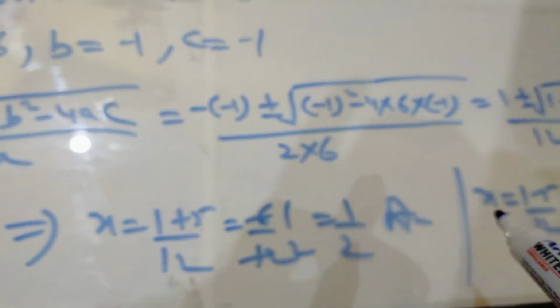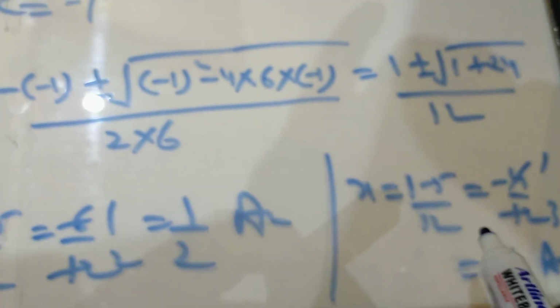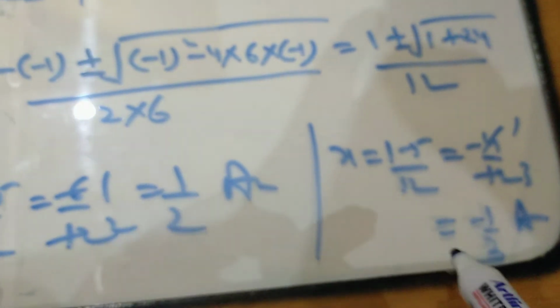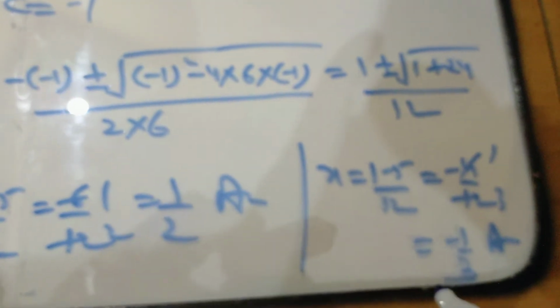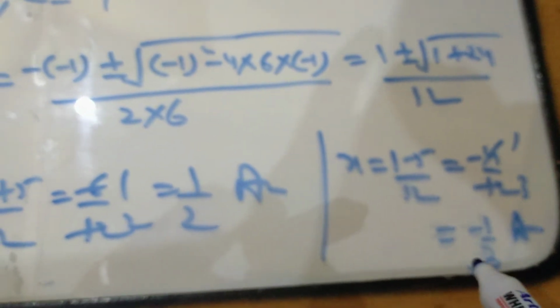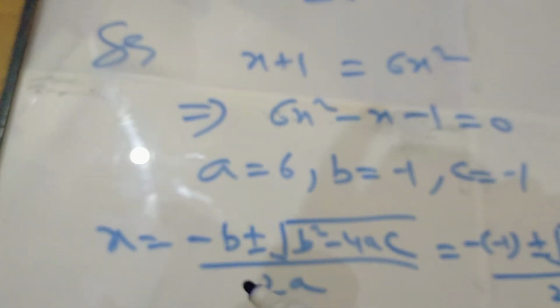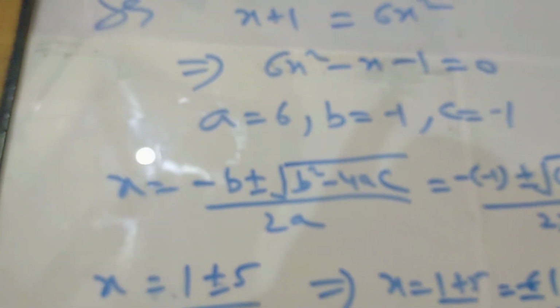Similarly, if I take the negative value, 1 minus 5 upon 12 is minus 4 upon 12, so minus 1 by 3 is the second answer. So we got two answers: x is equal to 1 upon 2 and x is equal to minus 1 upon 3. This is the way to implement this formula for a particular question.